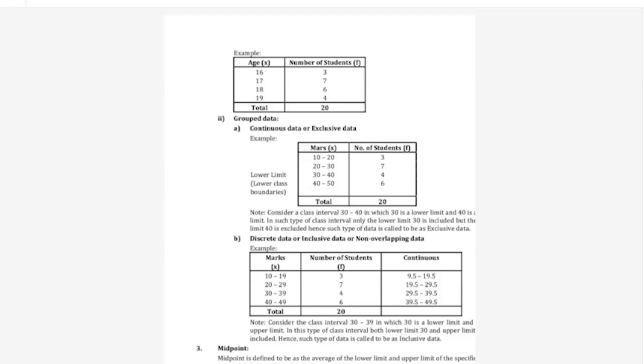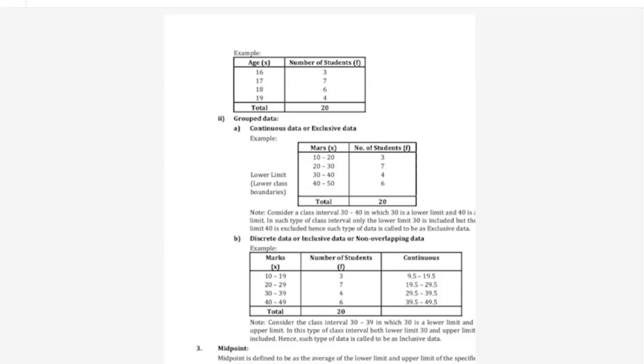Suppose a student scores 30 marks. Priya Singh, your answer is wrong. It will be recorded in 30 to 40. Very good.